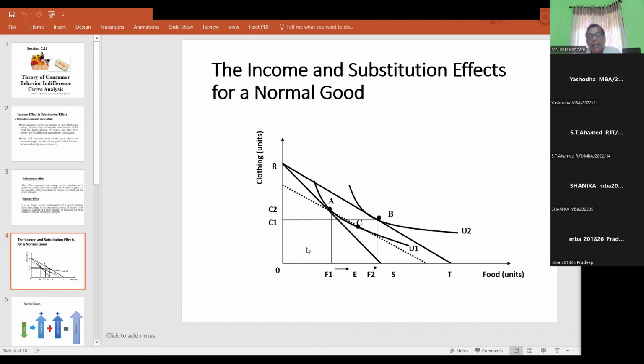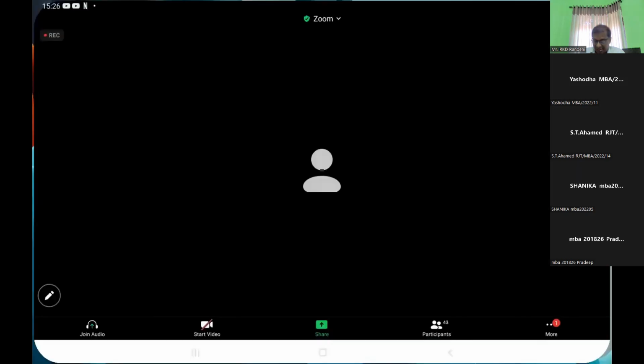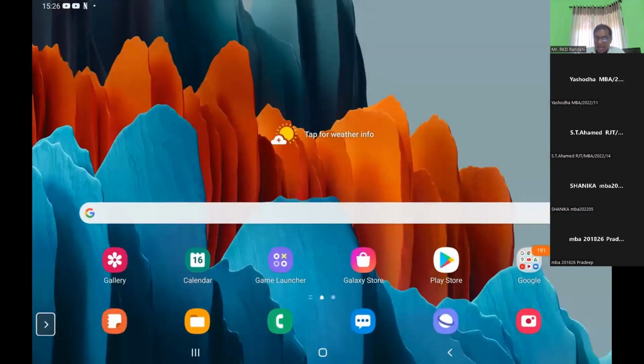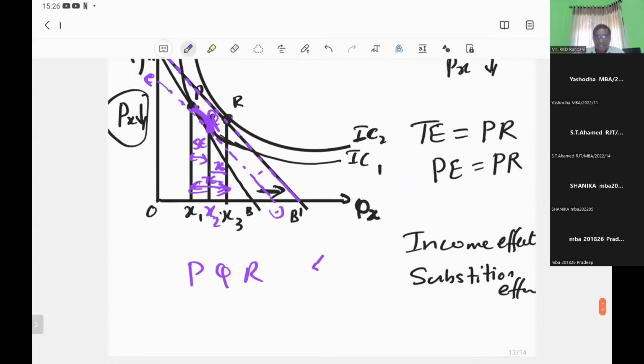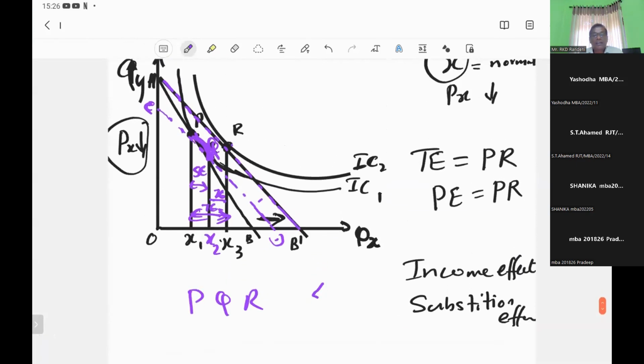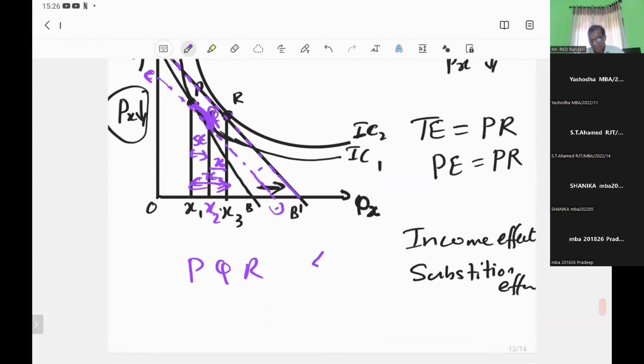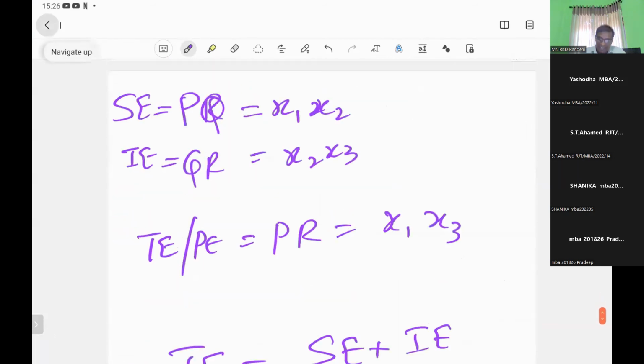It is difficult to draw. Here also it is not correct. Actually, this is a normal good.